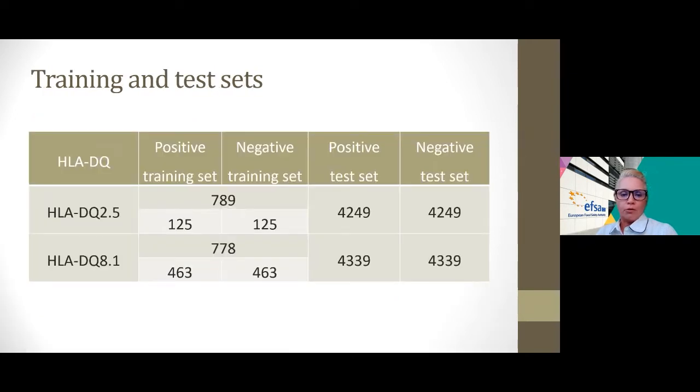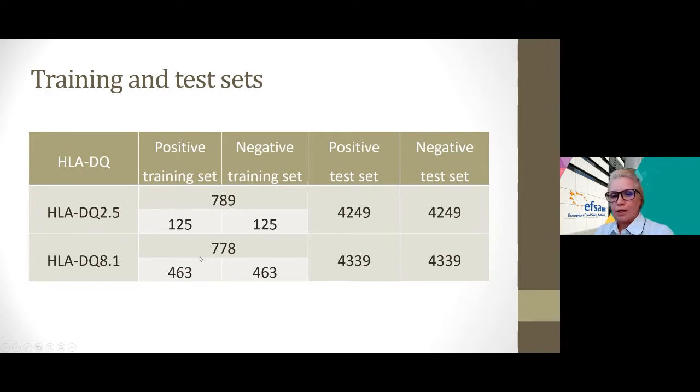Here is given the number of peptides used in the study for the machine learning methods and for the machine learning models. We used around 780 peptides with known binding affinities. For the classificational models, we use the same set of binders and non-binders.